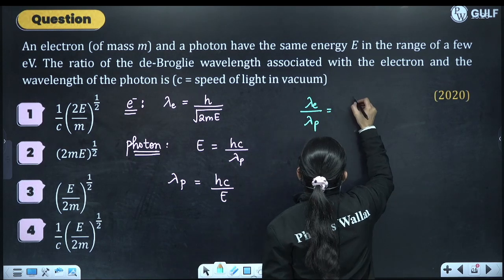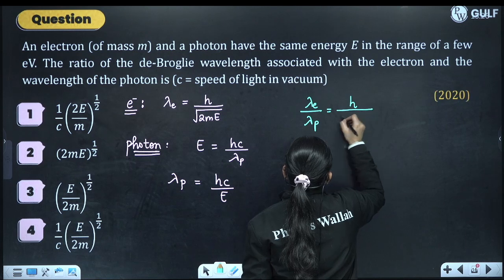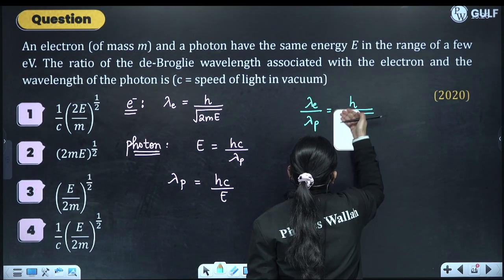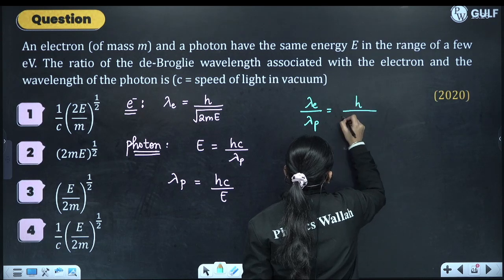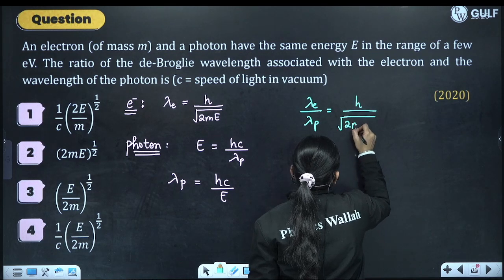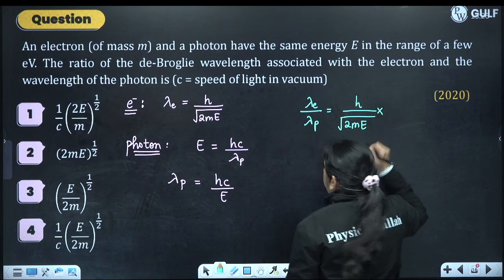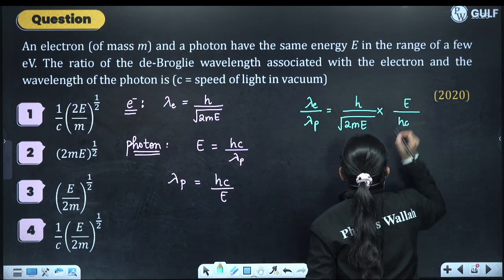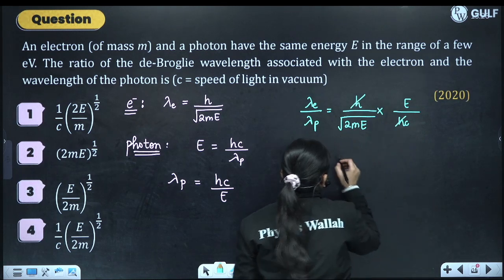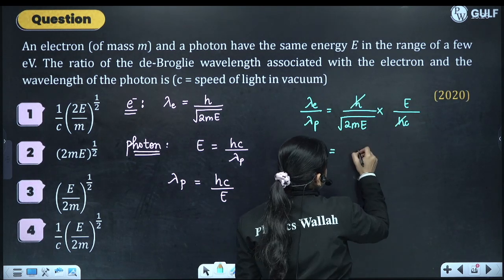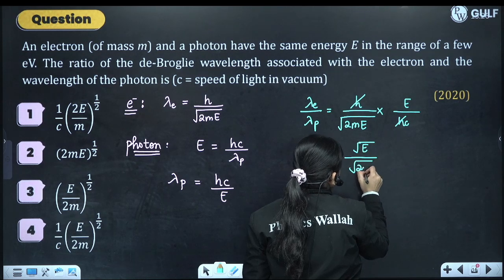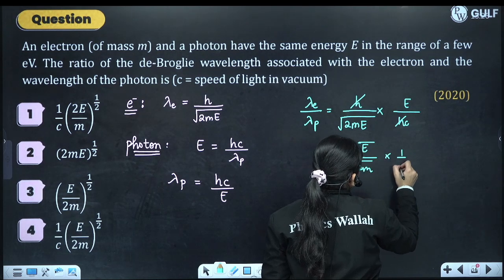So we will get h by under root of 2mE, divided by hc by E. h and h get cancelled. We will get root E by under root 2m into 1 by c.